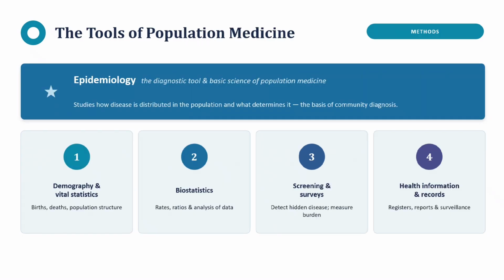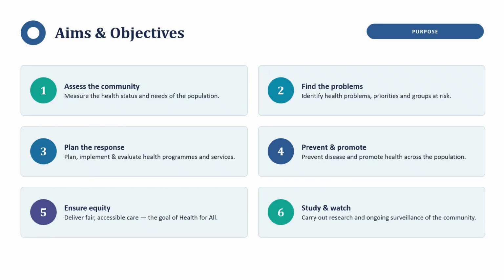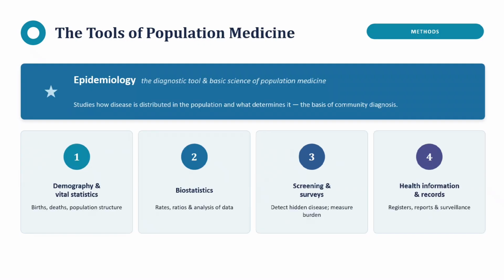If you look at assess the community, it measures the health status and needs of the population. Find the problems means identify the health problems, priorities, and the groups most at risk. Plan the response means plan, implement, and evaluate the health programs and services. Prevent and promote is preventing disease and promoting health across the population.